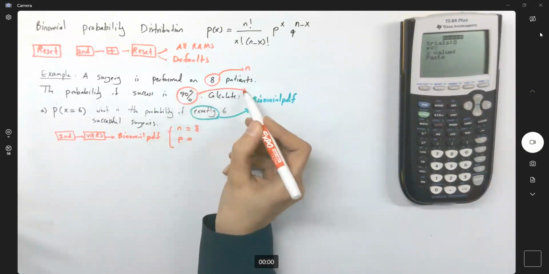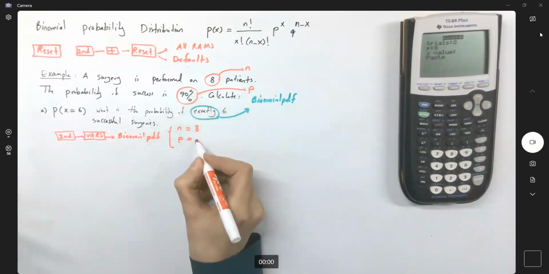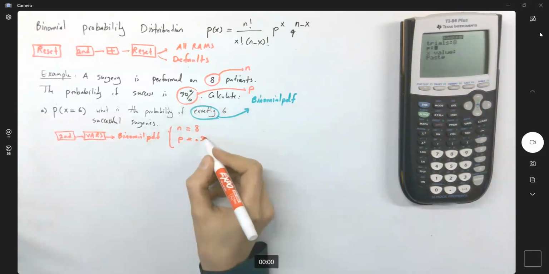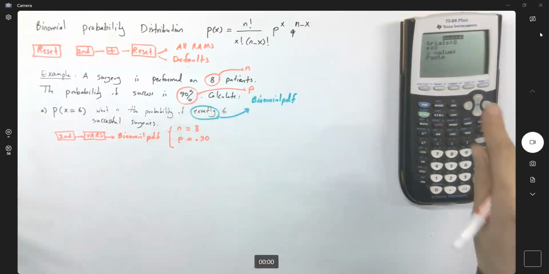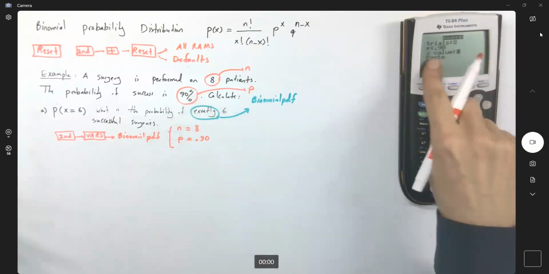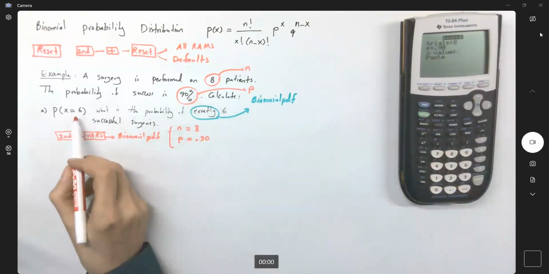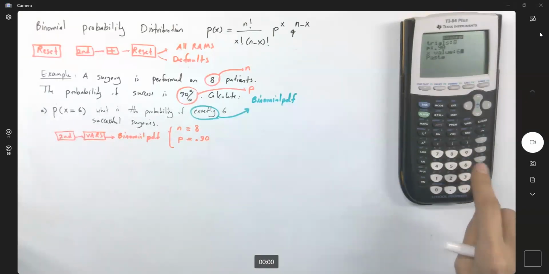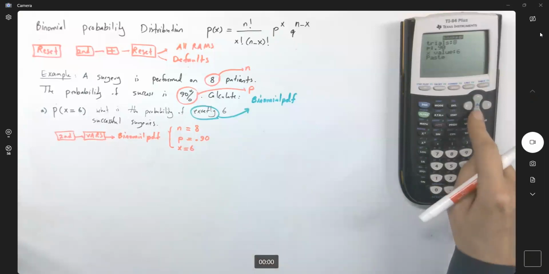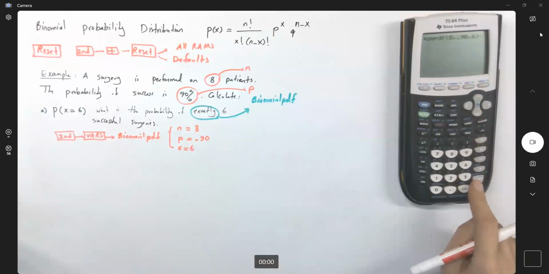This is my p, probability of success. I'm going to enter it using decimal, everybody, 0.90. And finally, it asks, what is your x value? My x value is 6. So let us enter 6 here and calculate the probability. Enter.